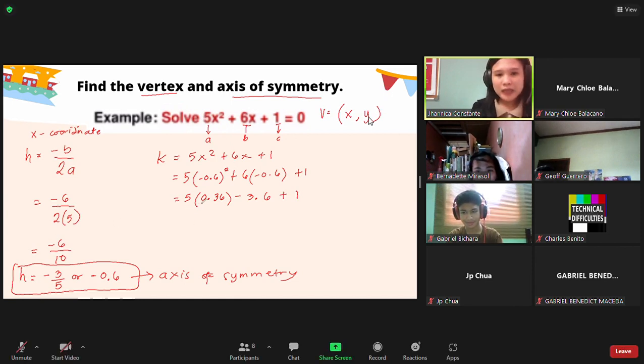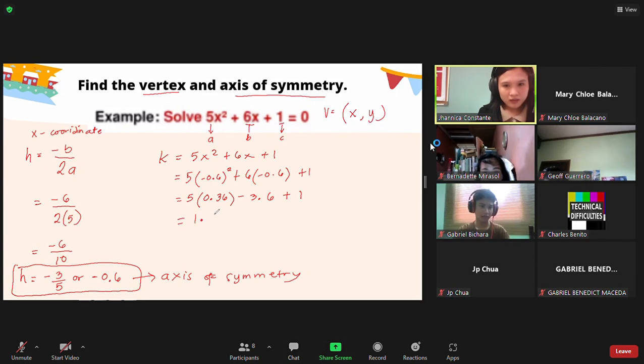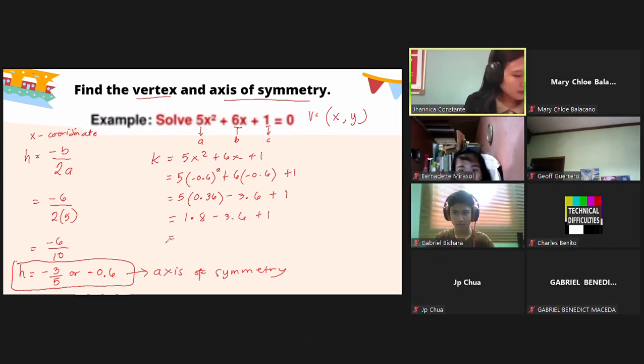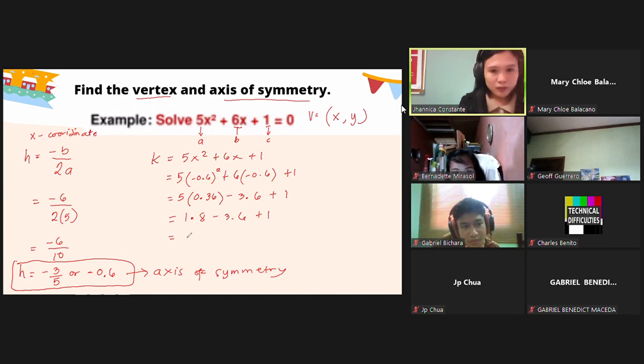So 5 times 0.36 we have 1.8, minus 3.6 plus 1, which is equal to negative 0.8. So that is our k.